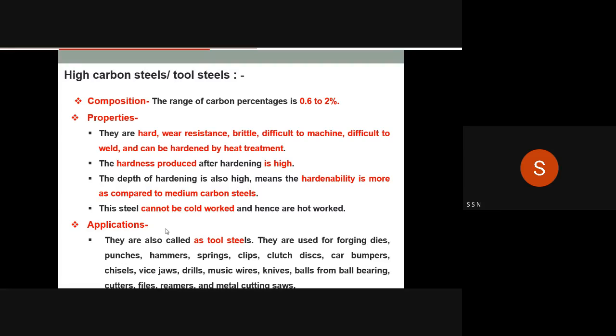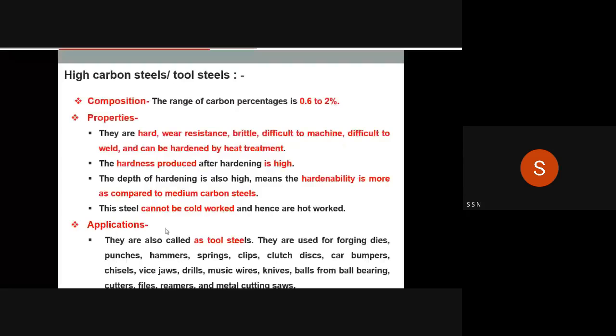Understand this: as the hardness increases, brittleness also increases. As hardness increases, it is very difficult to machine and weld these parts. So as carbon percentage increases, hardness, wear resistance and brittleness increase, they become difficult to machine and weld, and can be hardened by heat treatment.